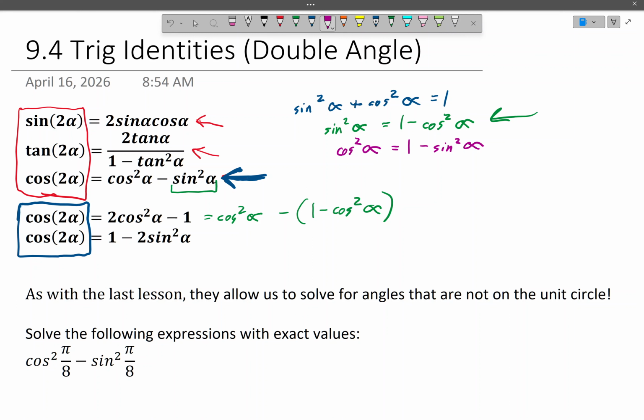Okay, and if you do the same thing here, but we do this for the cos, we get 1 minus sine squared alpha, and then a minus sine squared alpha. And so you can see how, again, that simplifies to this version right here. So these two are really coming from the original cos 2 alpha version.